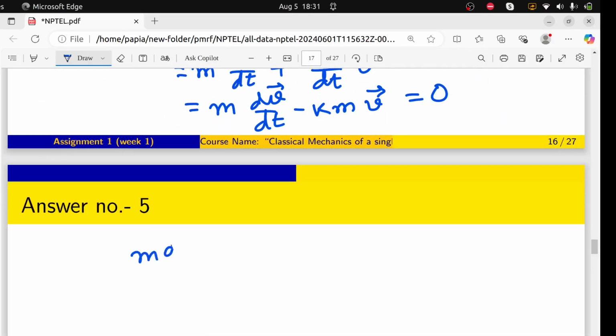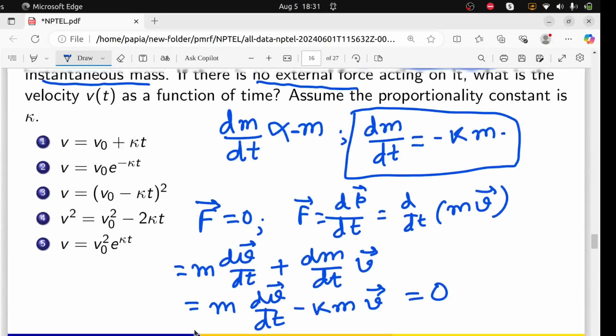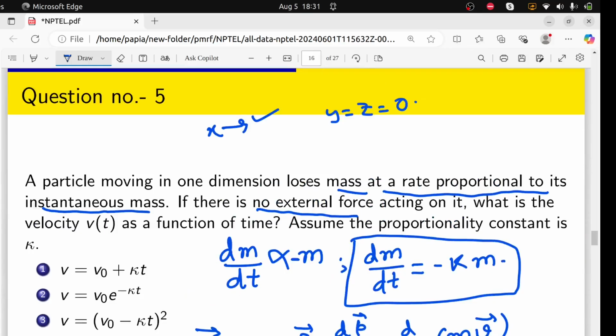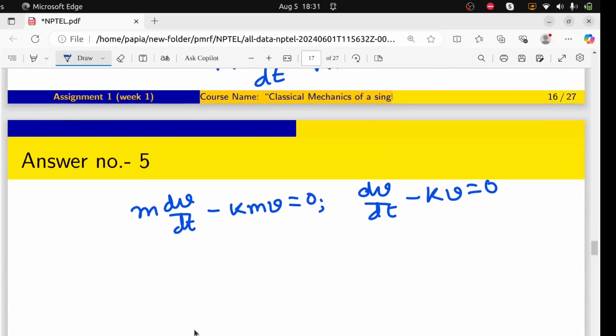So, m dv dt minus kmv equals 0. Now, m can be cancelled out. So, dv dt minus kv equals 0. And what are they asking? They are asking what is the velocity v(t) as a function of time. Assume the proportionality constant is k. So, I have already taken that as k.